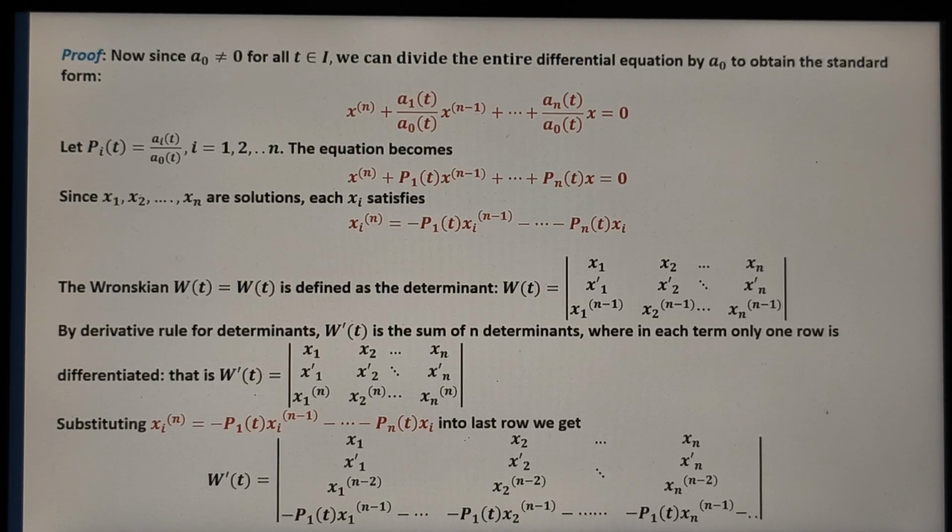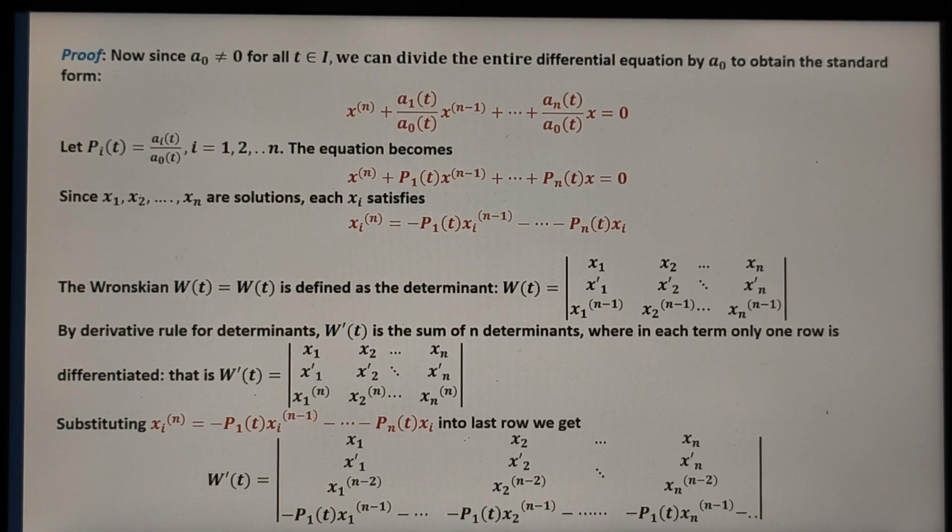Okay, and if we shift all the terms except x^(n), we get xi^(n) equal to minus p1 xi^(n-1) minus ... minus pn xi. Okay, and if we define the Wronskian W(t) equal to the determinant with rows x1, x2, ..., xn, then x1', x2', ..., xn', and so on up to x1^(n-1), x2^(n-1), ..., xn^(n-1).